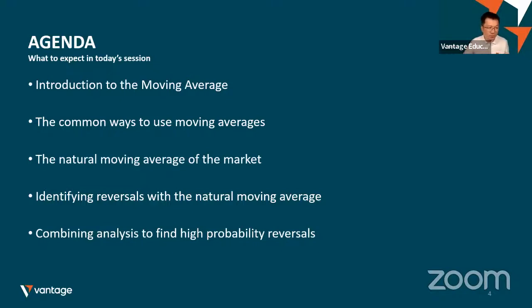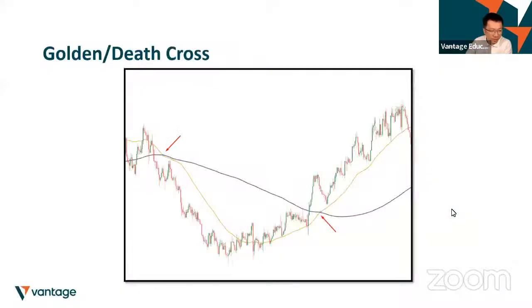So what is a moving average? Doing a quick introduction. Moving average really is, you can see here, points, right? This is a 50 moving average, that's a 200 moving average. We can see it as points on the charts that consider the price movements from the previous periods.